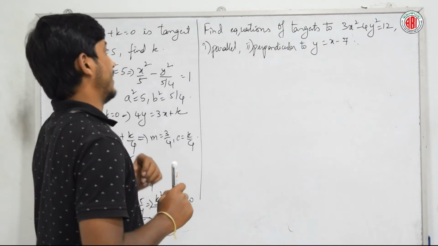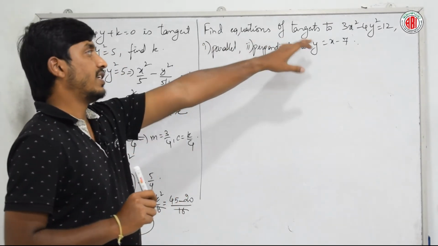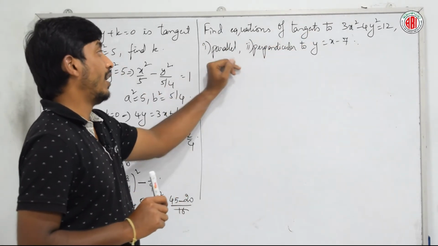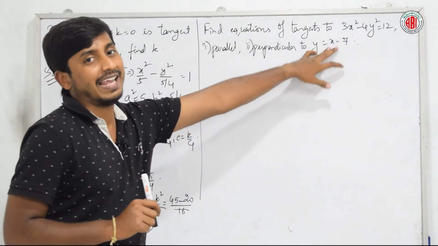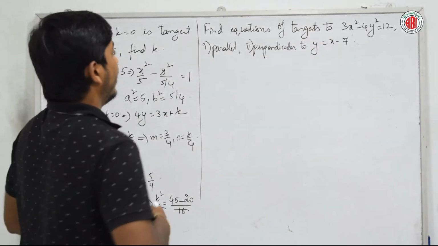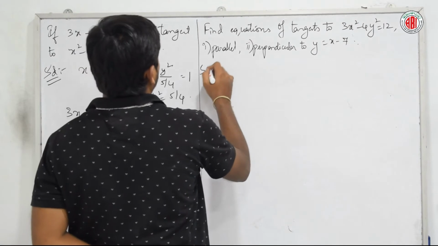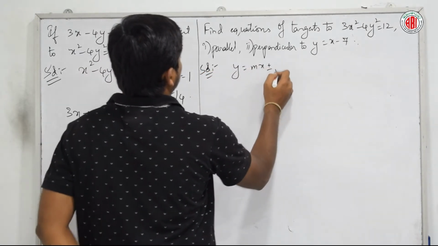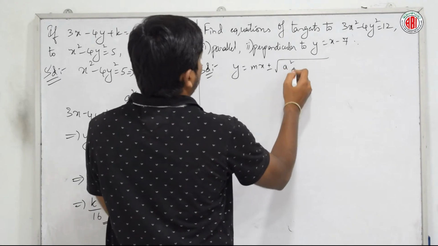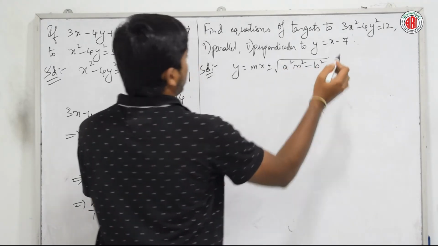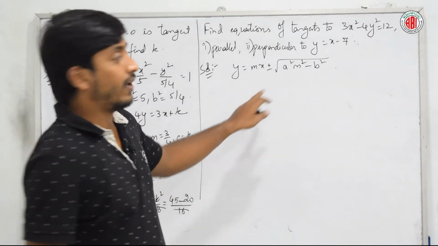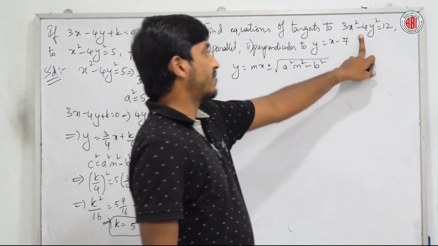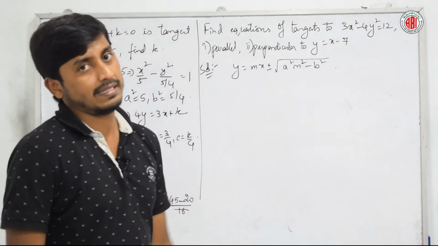Okay. Next, find the equation of tangents to a hyperbola which are parallel and perpendicular to this equation. Okay. What is the formula? Formula is y is equal to mx plus or minus under root of a square m square minus b square. So we have to find a square b square from this, m and c from this.